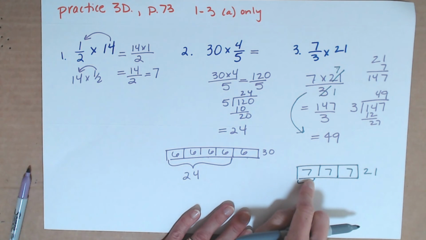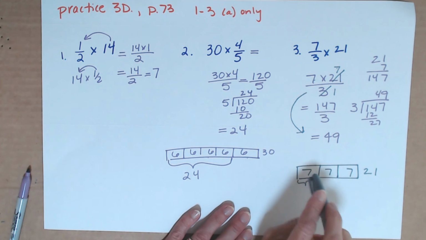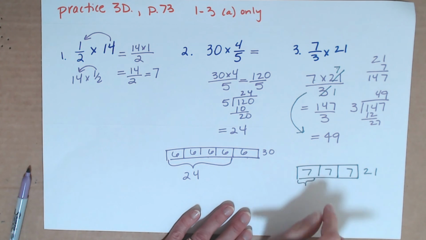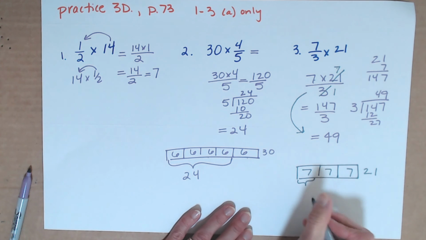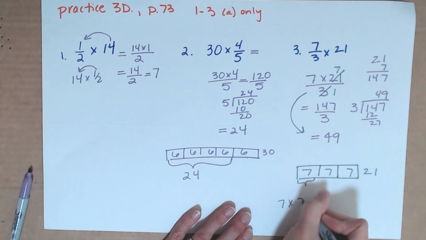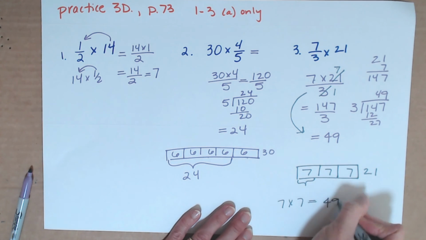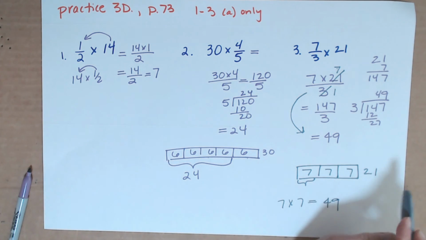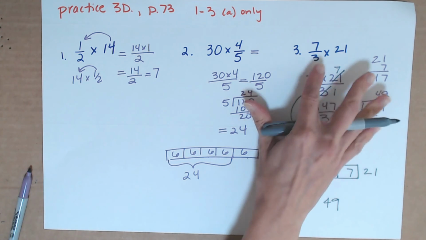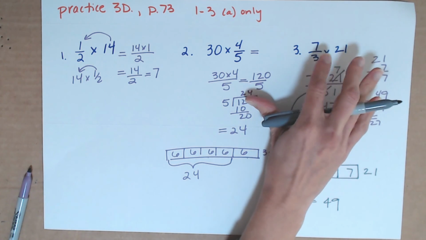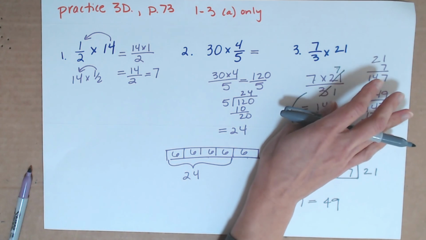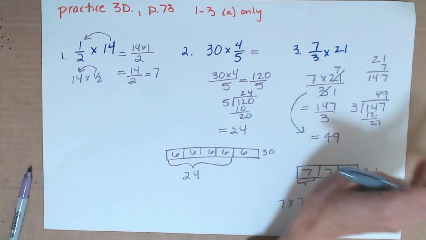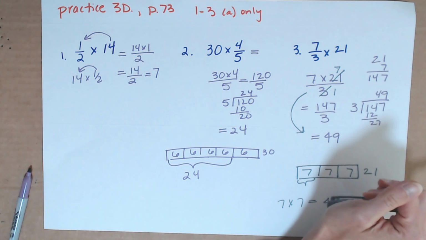So if we're taking 7/3, we're just taking 7 times 7, because if this is 1/3 and we want 7/3, we take 7 of these. So our answer becomes 7 times 7, or 49. So that's just an illustration of how you can reason this out. You can just say, well, I know what 1/3 of 21 is. It's 7. So 7/3 of 21 would be 7 times 7, or 49.